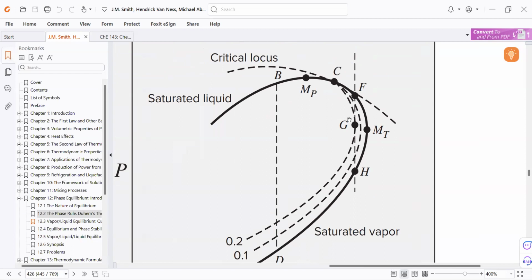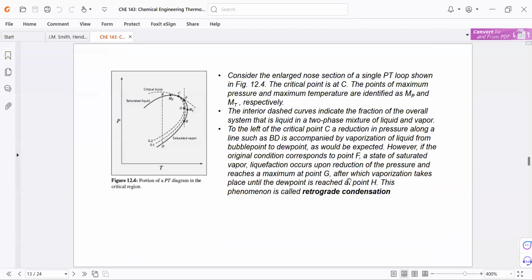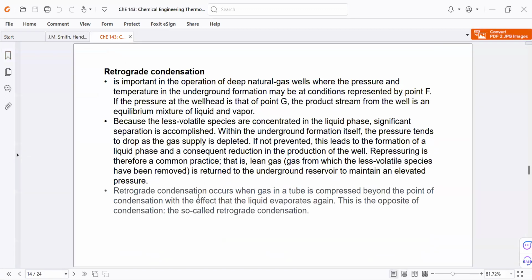So there's condensation first before vaporization, and that happens in this region. Retrograde condensation occurs when the gas in a tube is compressed beyond the point of condensation, with the effect that the liquid evaporates again. So this is the opposite of condensation. That's why it's called retrograde condensation. Okay, so I hope that's clear.